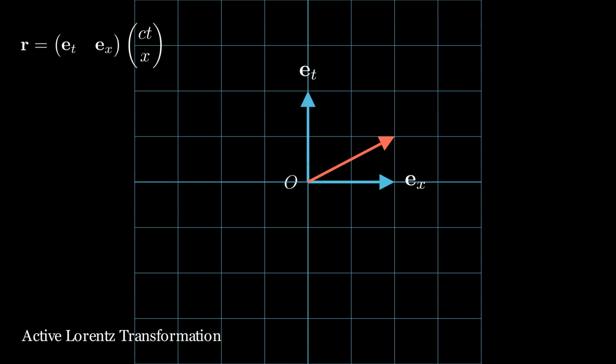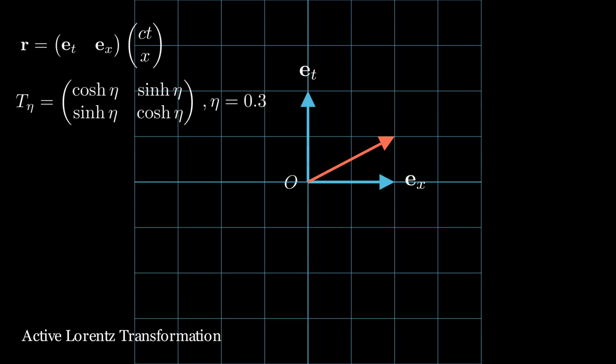Now, let's consider the active Lorentz transformation. The concept of an active Lorentz transformation is not commonly discussed. When we set eta such that hyperbolic tangent eta equals v over c equals beta, we define the active Lorentz transformation T eta as follows.